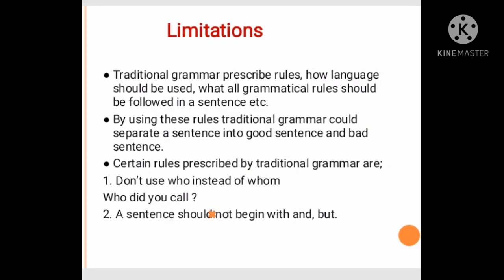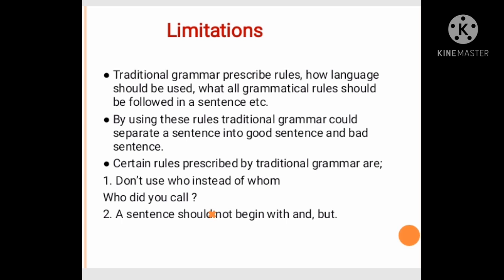The first point is that the English grammar was written based on Latin grammar, but these two languages are different in their structure. For example, John can be used as subject and object in the English language, but in Latin it is not possible.